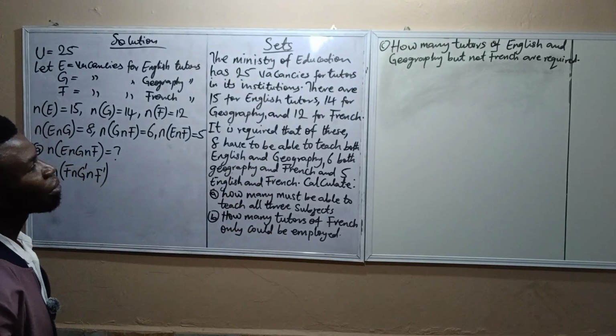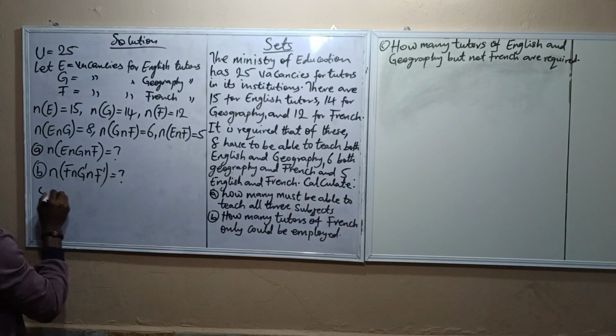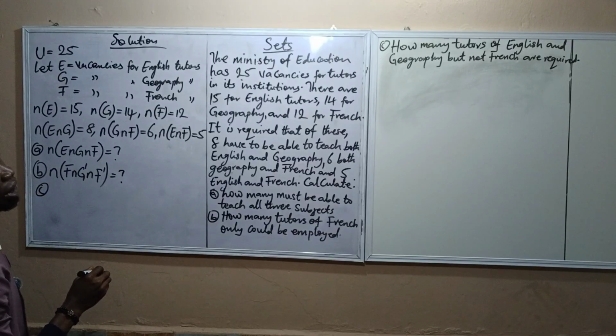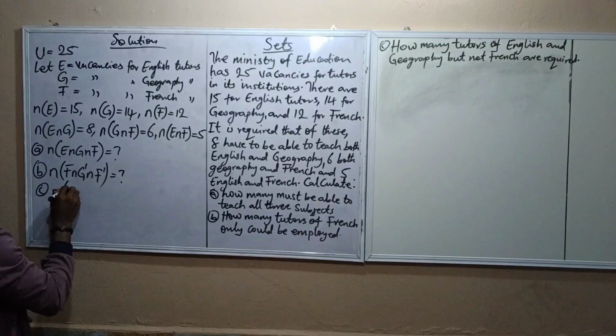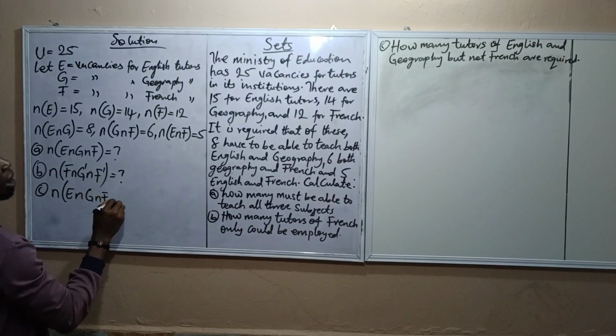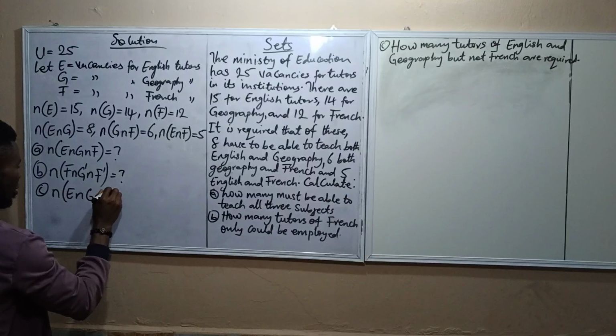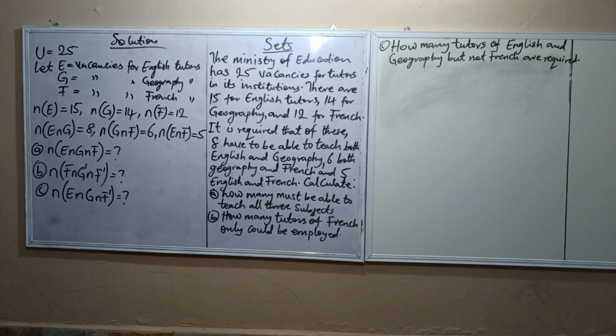The last one, C, says how many tutors of English and geography but not French are required. That means number of E intersection G intersection F prime. That is the third one.